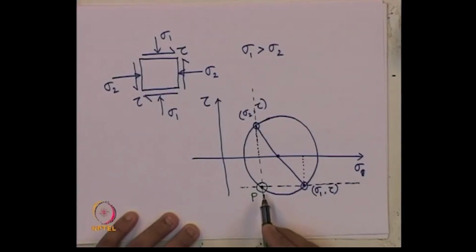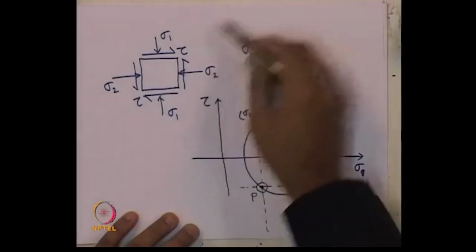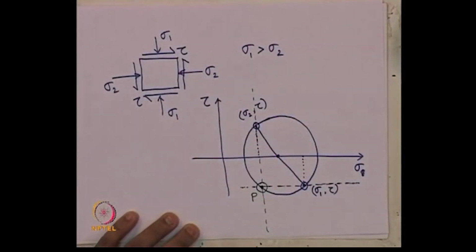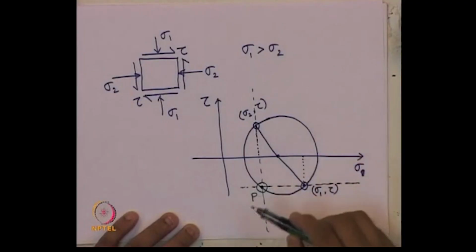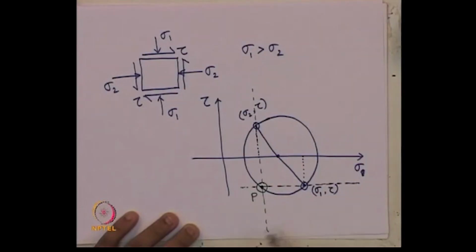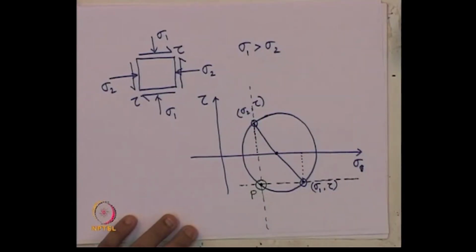Again, why it is important, as I have said: for any inclined plane, to obtain the normal and shear stress, we can draw in the Mohr circle that inclined plane with respect to the pole. That is how we can get the normal and shear stress for any soil element. So, this is the representation of two dimensional stresses.